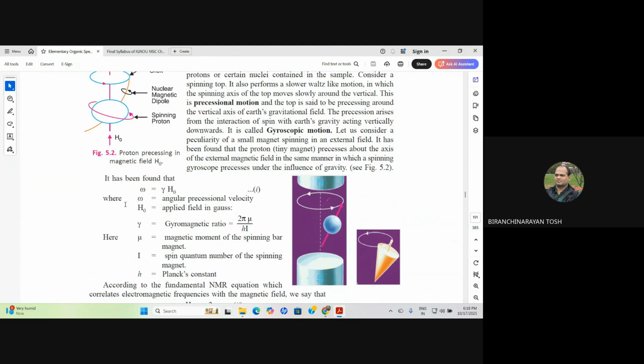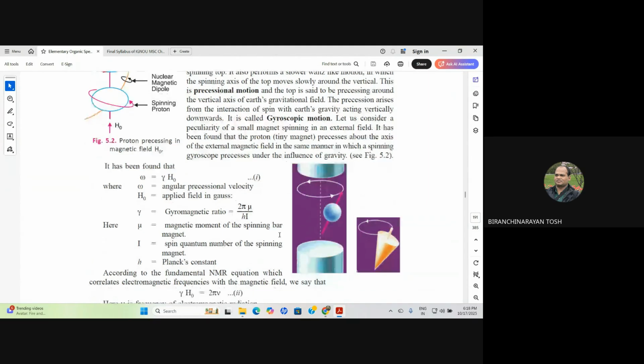Therefore it is found that omega, the angular precessional velocity, is equal to the gyromagnetic ratio gamma times H naught, the applied magnetic field in gauss. So omega equals gamma H naught, and gamma, the gyromagnetic ratio, is equal to 2 pi mu divided by h I, where mu is the magnetic moment of the spinning bar magnet, I is the spin quantum number of the spinning magnet, and h is Planck's constant.